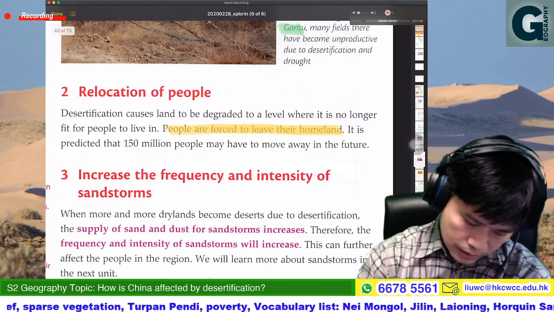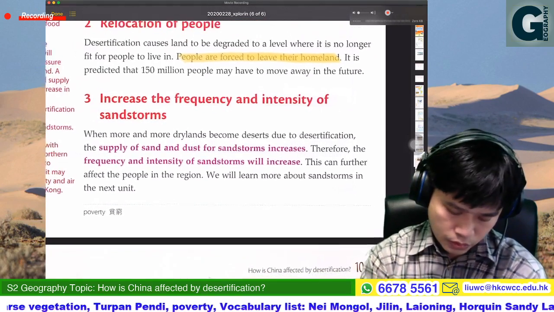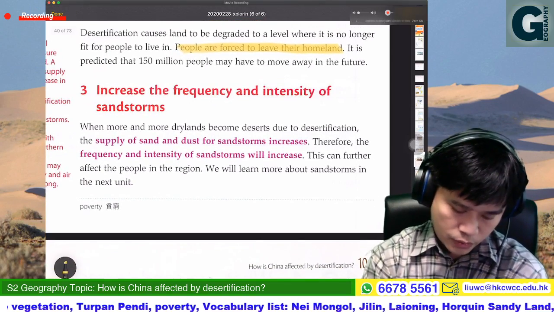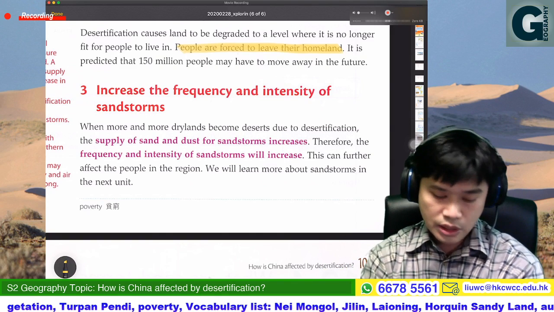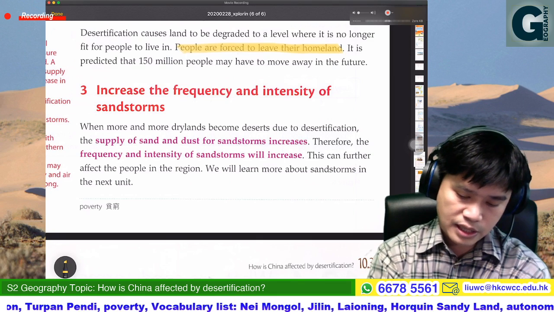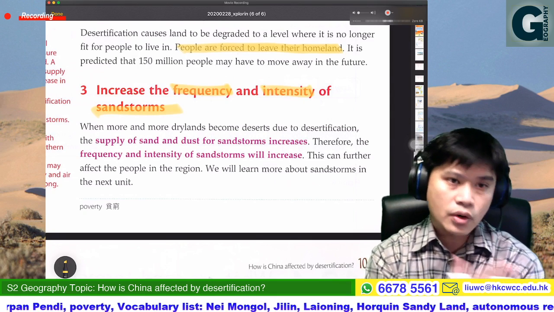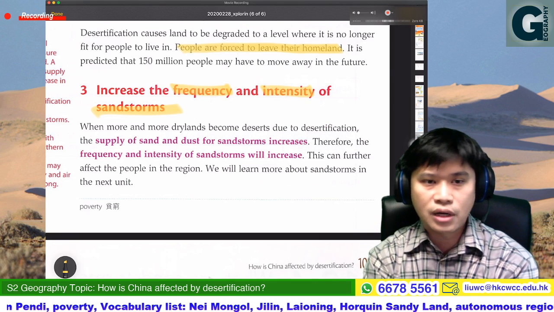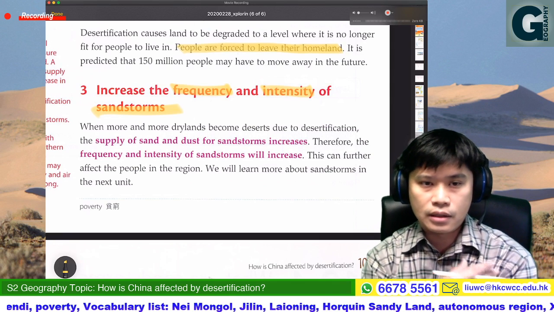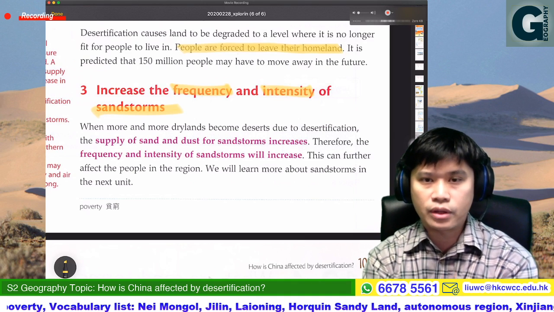Okay, then the next one. So what would be the result of desertification in the northern part of China? That is, that may increase the frequency and intensity of sandstorm. Sandstorm 沙塵暴啦. So as the area become dried, okay, the frequency of the sandstorm that would increase.